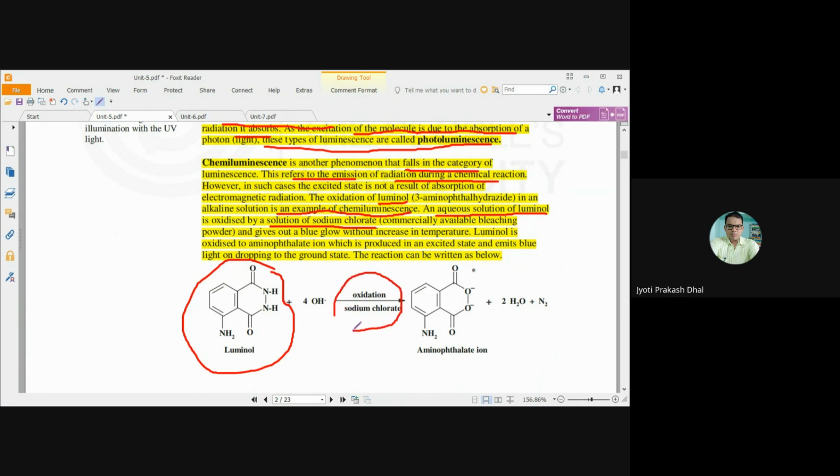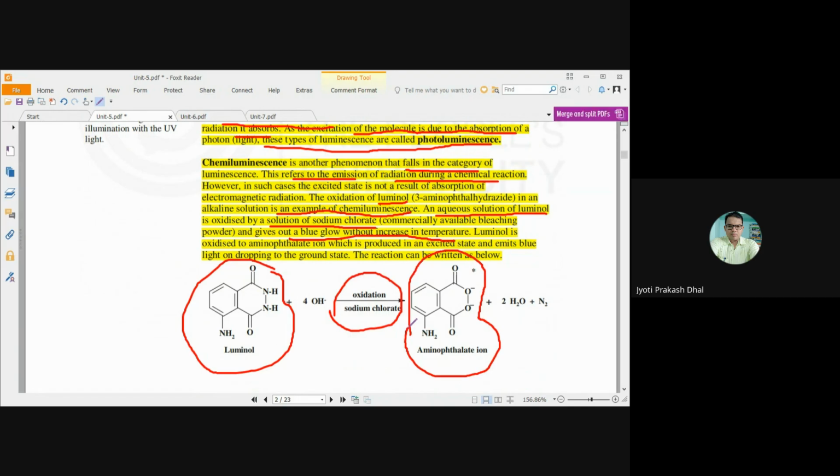When luminol reacts with the bleaching powder, it undergoes oxidation and gives out a blue glow without an increase in temperature. The luminol is oxidized to aminophthalate ion.